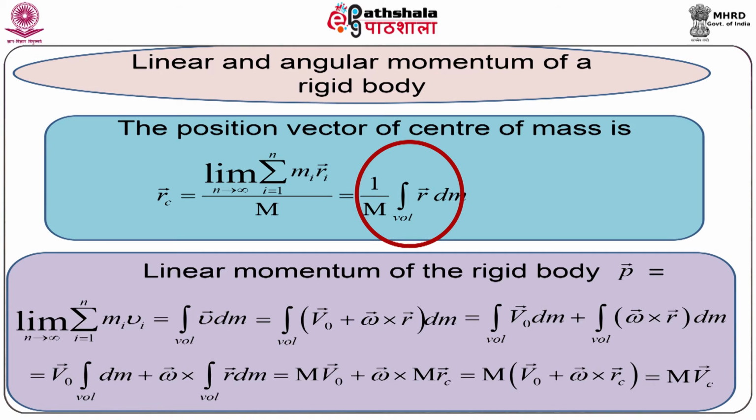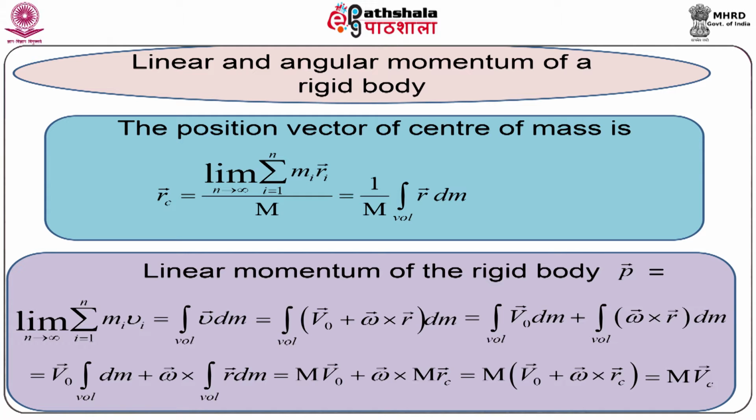This is a volume integral. If C coincides with O, that is the center of mass is at the origin, then this vanishes. In that case, R becomes 0, so we get this result.